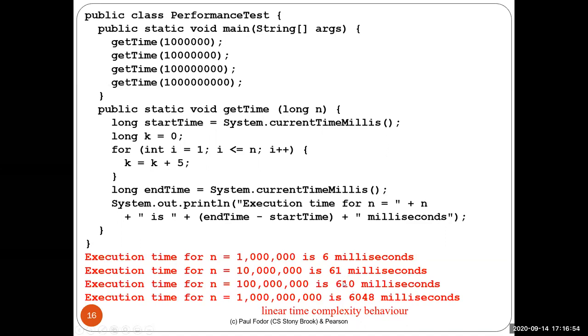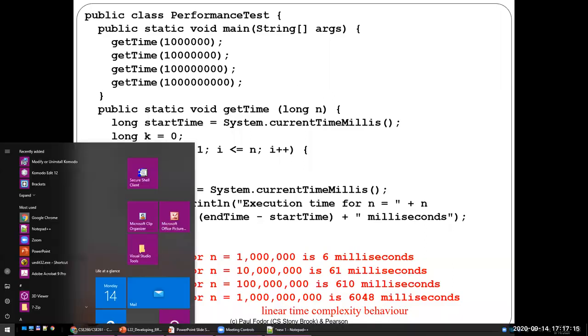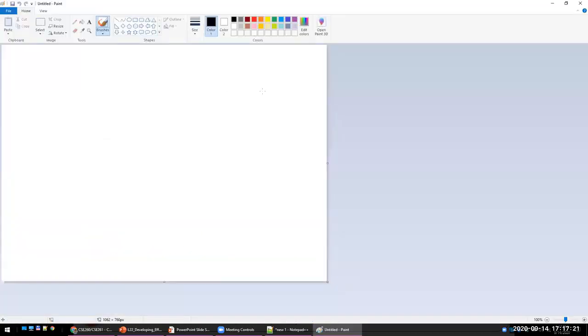So basically, it's linear with the size of the input. If we make the input 10 times bigger, the execution time is 10 times bigger. So really, this is linear growth. And if you want to plot the execution time versus the input size in the Cartesian plane, you will get something like this.